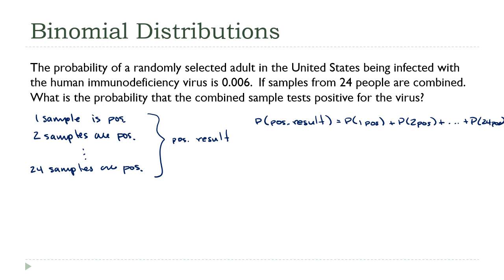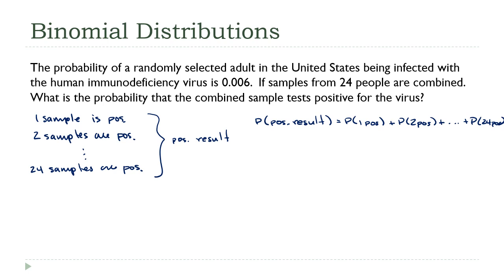Those are all binomial probabilities. I could calculate each of those individually using the binomial formula. I would have to use it 24 times. It's not something I'm really looking forward to.